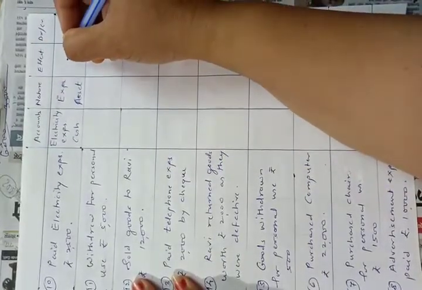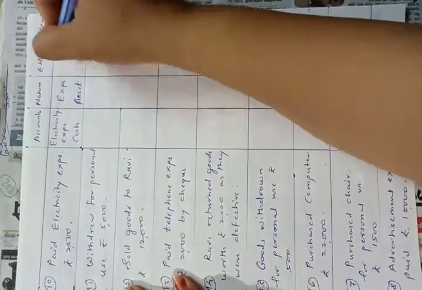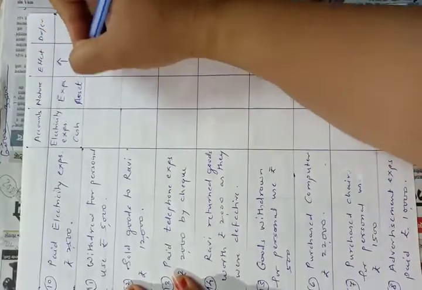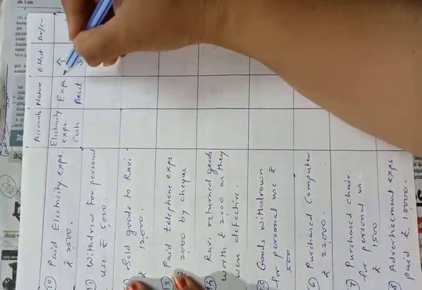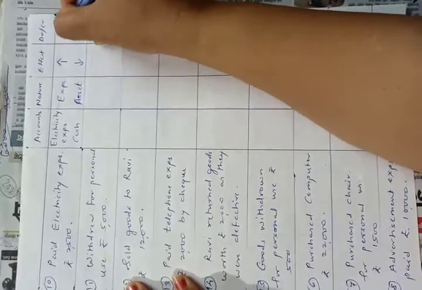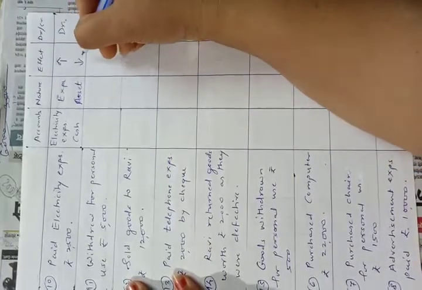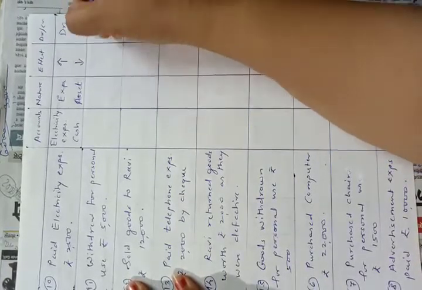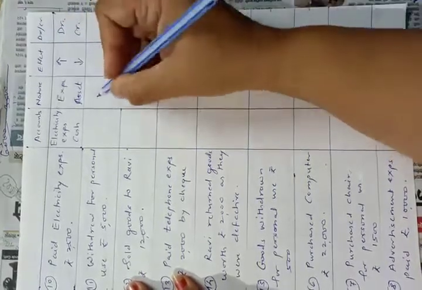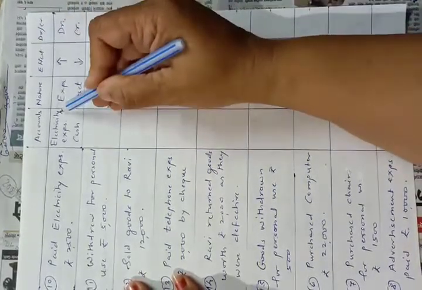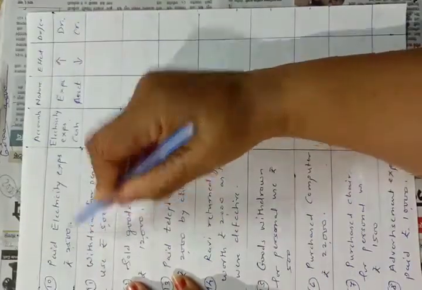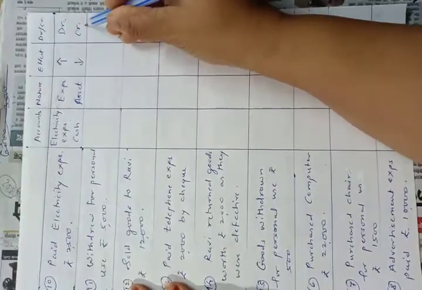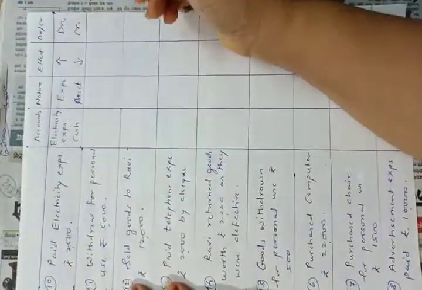Now effect. When we pay electricity expenses, our expenses increases and our cash, that is our asset, decreases. If there is increase in expenses, account should be debited by first rule, and if there is decrease in asset, account will be credited. So in this transaction, electricity expenses account will be debited by rupees 2,500 and cash account will be credited by rupees 2,500.